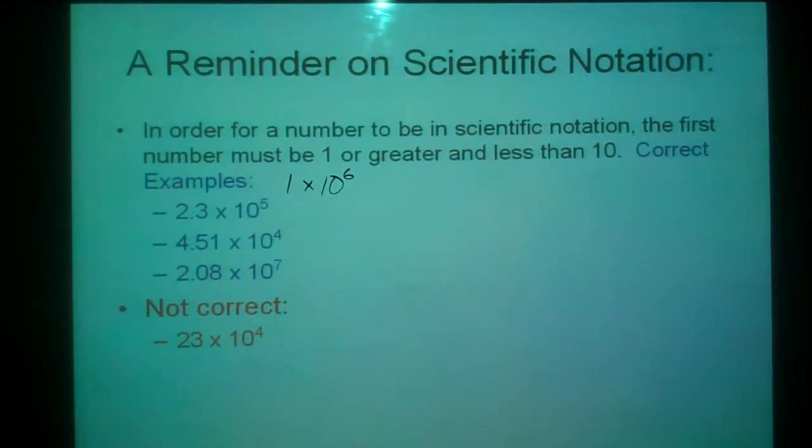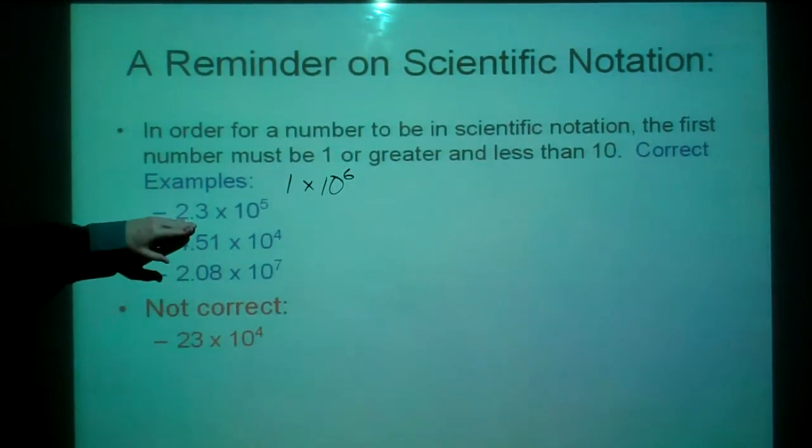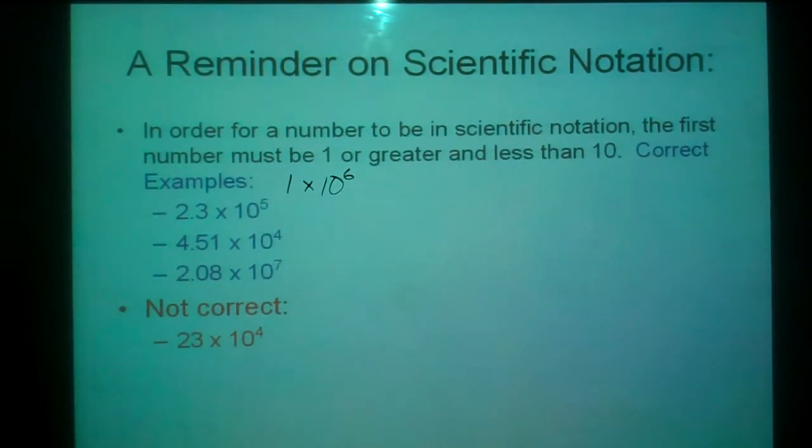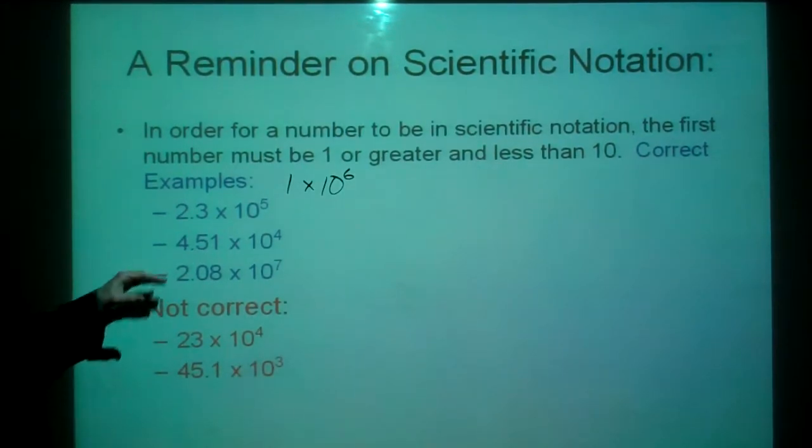23 times 10 to the 4th. This is a number, yes. It comes out to a standard form, but it is not in correct scientific notation. Actually, this number and this number are the same, except this is the correct scientific notation, this is incorrect for scientific notation. Same with our second example.